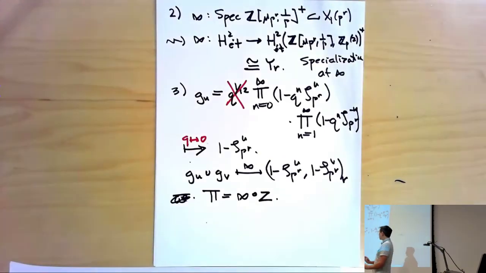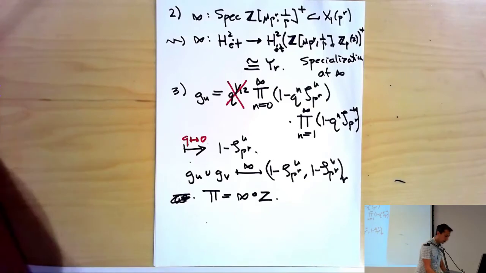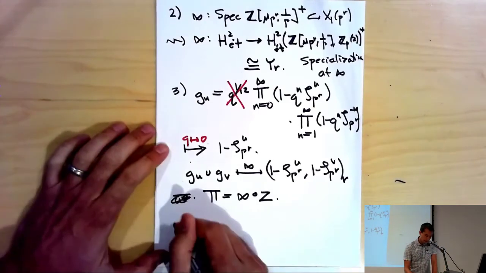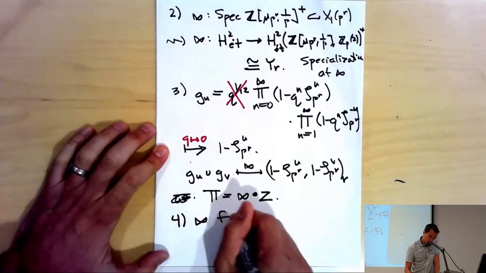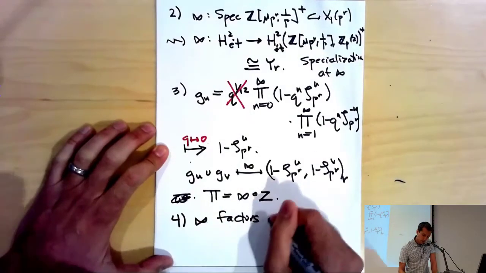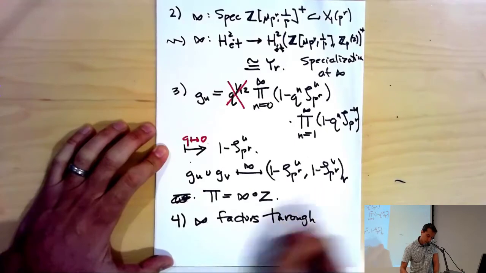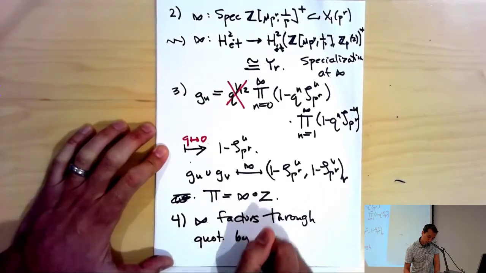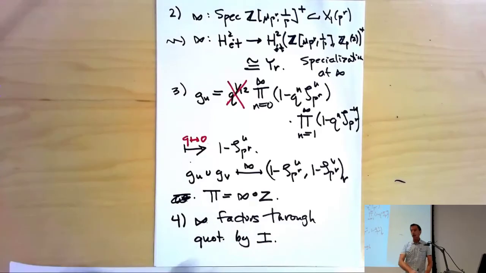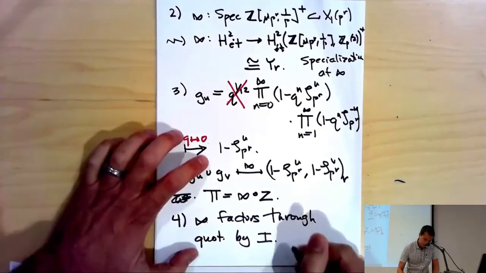And so then the fourth fact is that infinity, z was Hecke equivariant, factors through the quotient by the Eisenstein ideal. In fact, this is not quite true, but it's true for all Hecke operators but U_p minus 1, and then you just have to do something a little special for U_p. So it factors through the quotient by the Eisenstein ideal, so therefore you're done, right? Because this is Hecke equivariant, this is Hecke equivariant, and factors through the quotient by I, so you're done. Very nice.